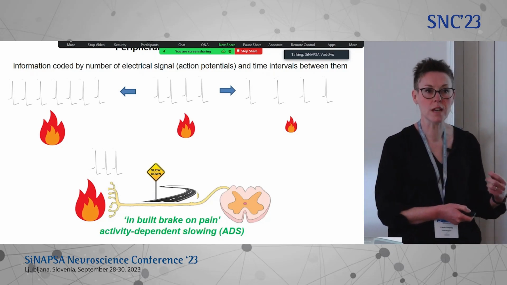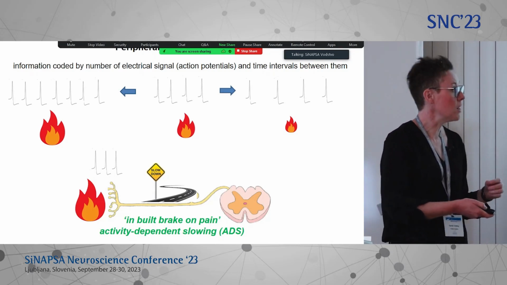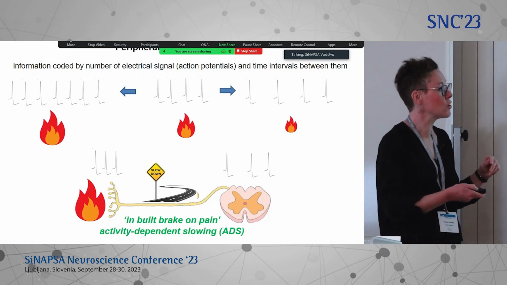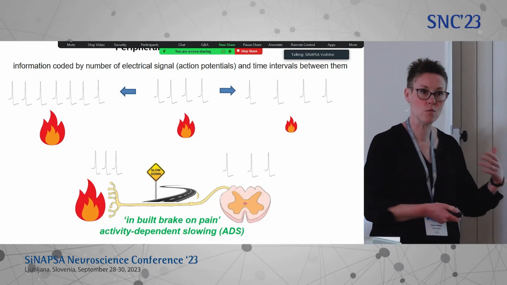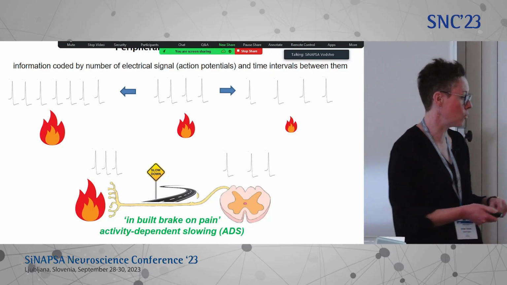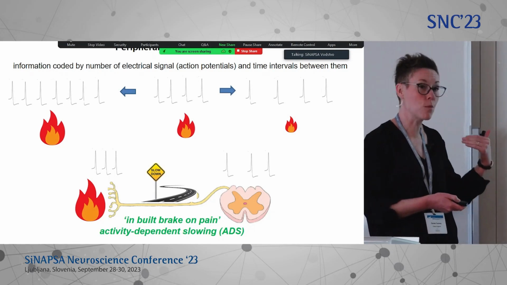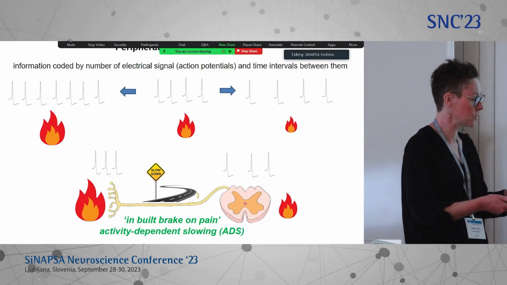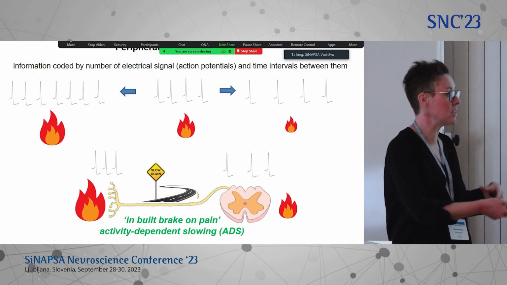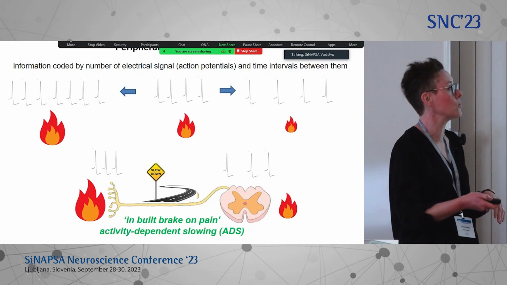Due to a process called activity-dependent slowing, these action potentials actually become progressively more spread out as they are relayed along the nerve. And this is thought to act a bit like a brake on pain input to the CNS. So this activity-dependent slowing is thought of as being a brake on pain input to the CNS.